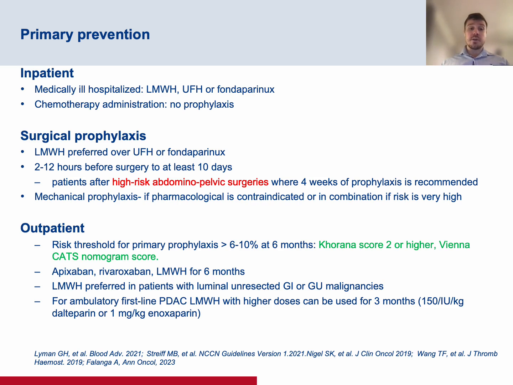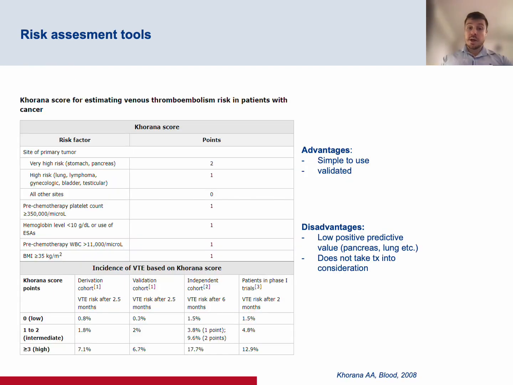And in patients with pancreatic cancers receiving first-line therapy, we can use higher doses of low molecular weight heparin for 3 months. Here we can see one of the most widely used risk assessment tools, the Corona score. Corona score uses site of the primary tumor, some hematological parameters, and BMI for predicting the risk of venous thromboembolism at 2.5 and 6 months.